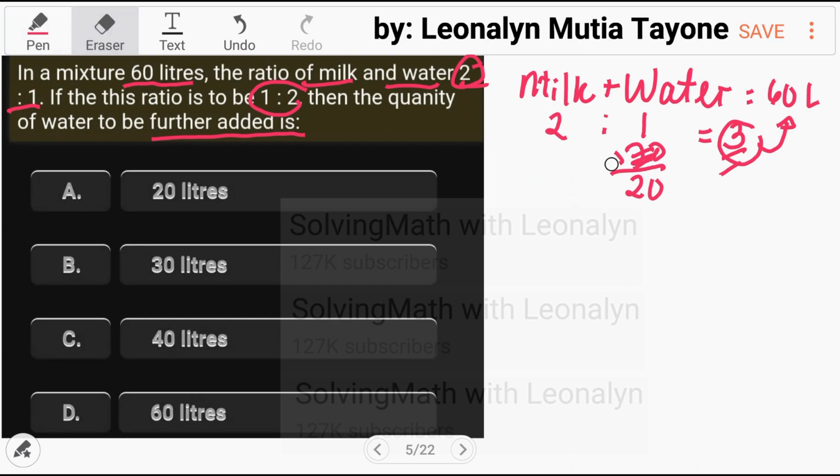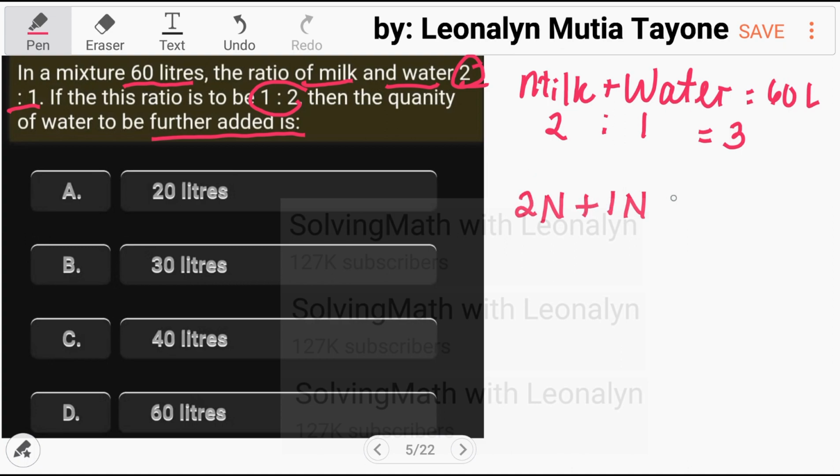Isa-isahin lang natin yan para mas lalo nyong maintindihan. Let n be that number na i-multiply natin sa 2 at saka sa 1 para ang total nila ay 60 liters. 2n plus 1n, kasi same terms naman sila, so pwede na natin silang i-add. And this is equals to 3n equals 60.